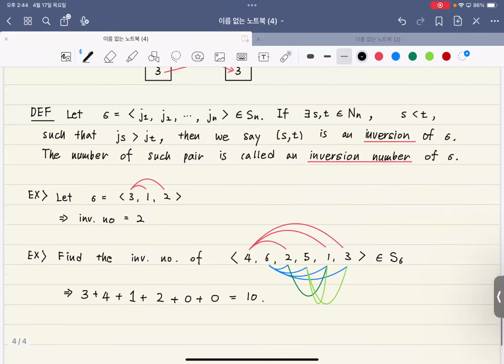Okay, great. As of now, I guess you have somehow understood the notion of the inversion number. The inversion number is a very well-defined number for any permutation. Now, there is a very strong relationship between the inversion number and the sign of the permutation.